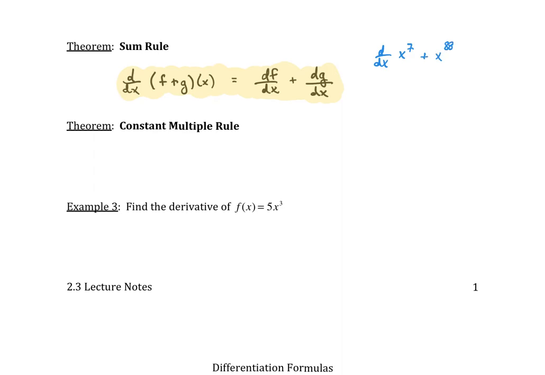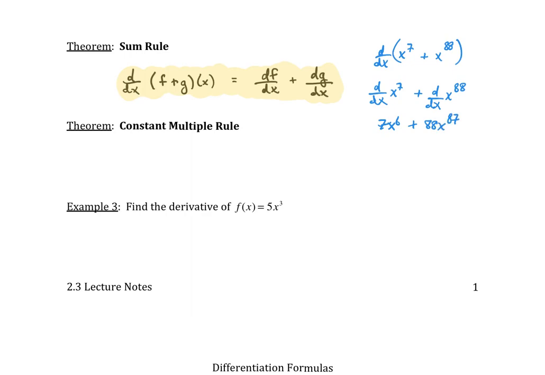And then we know that to differentiate this entire function, you could just take the derivative of each piece. And then that's just going to be 7x to the 6th plus 88x to the 87th.